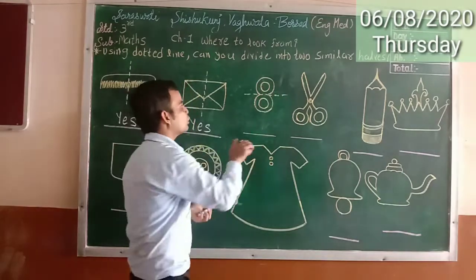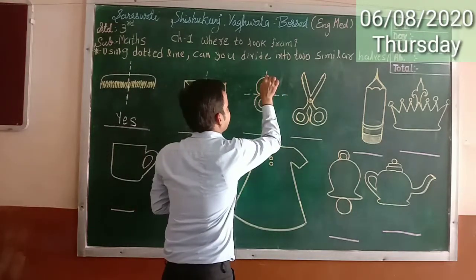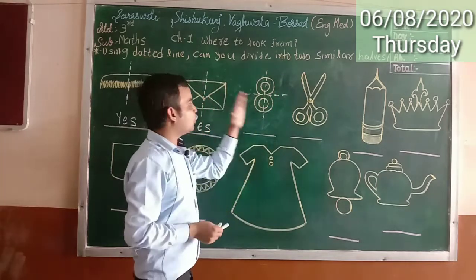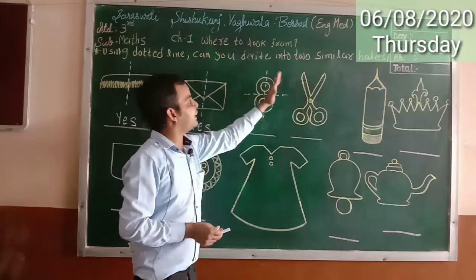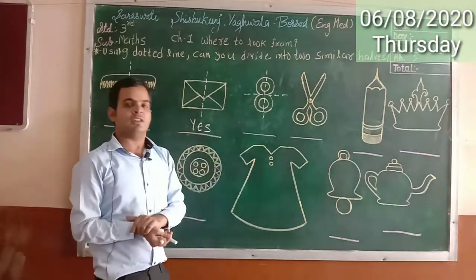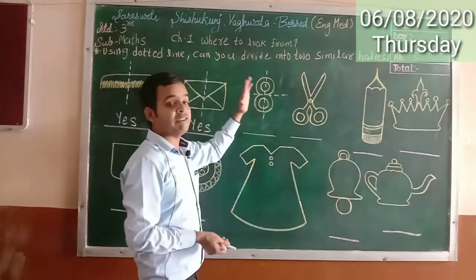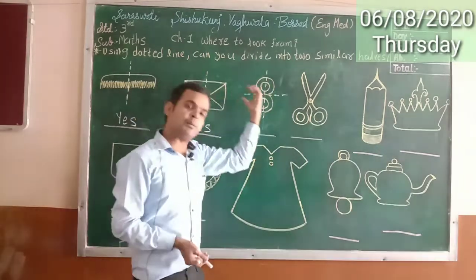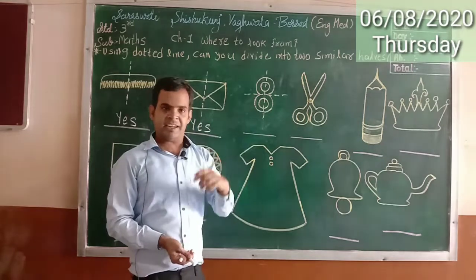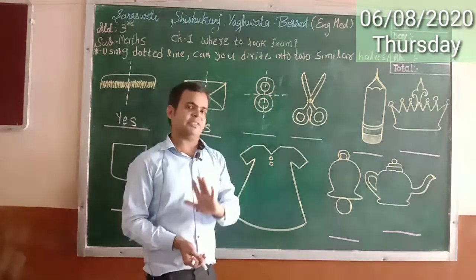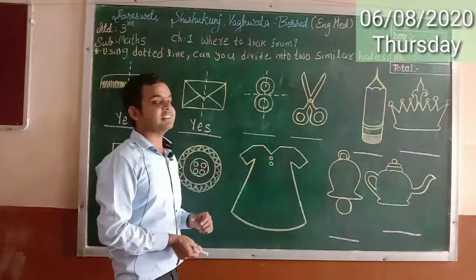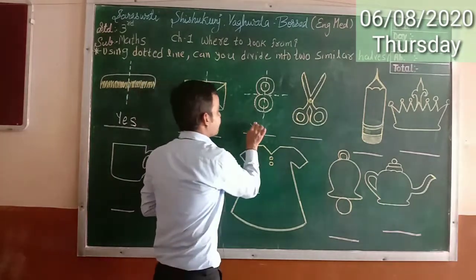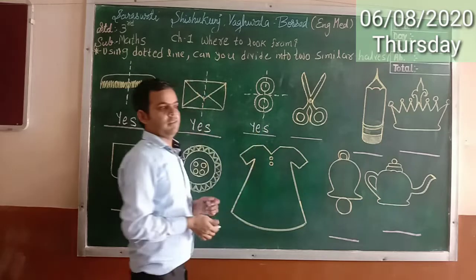And if I draw a vertical line, here also the left side and right side are equal. So if I draw a horizontal line or a vertical line, using either line we can divide the 8 into two similar halves, right? So our answer is yes, this figure is mirror halves. Here I will write yes.